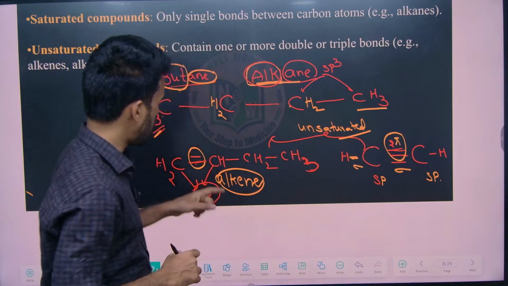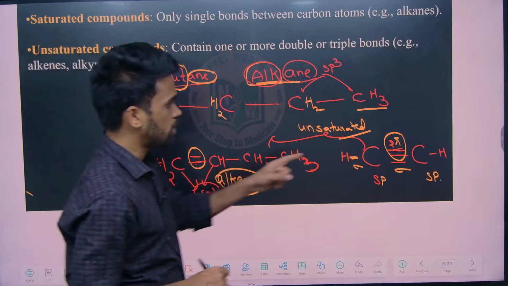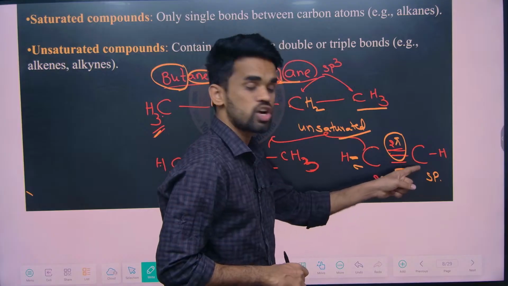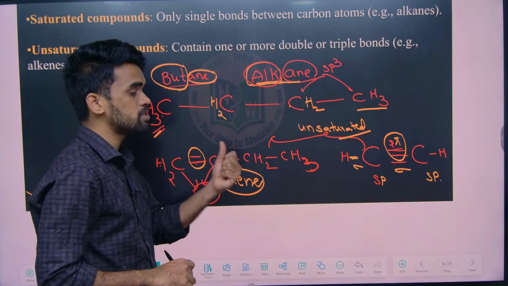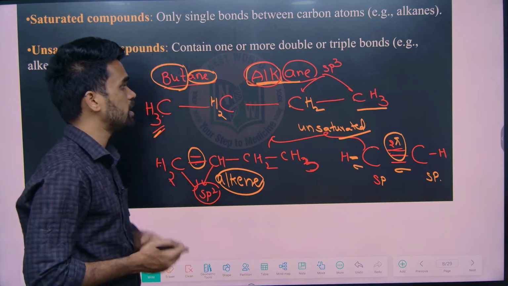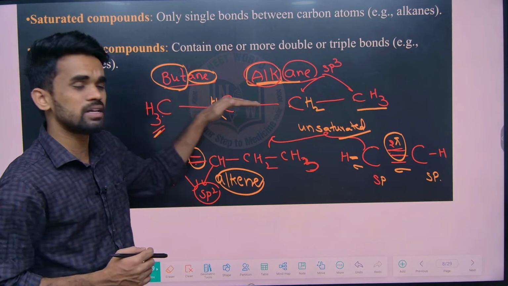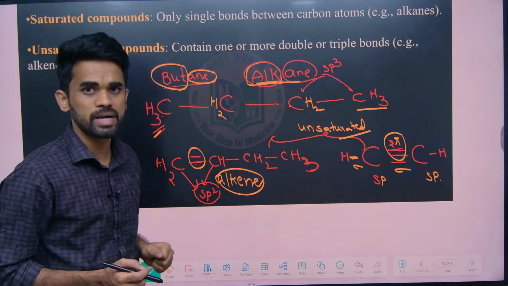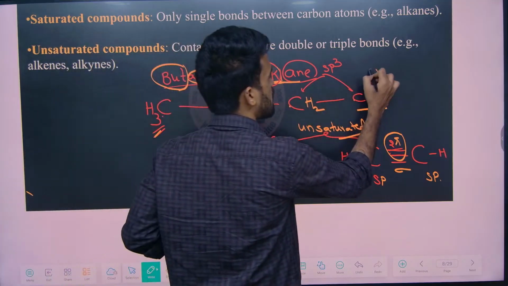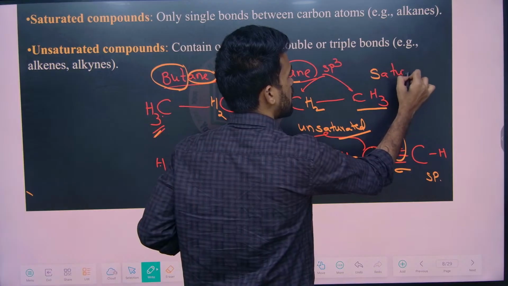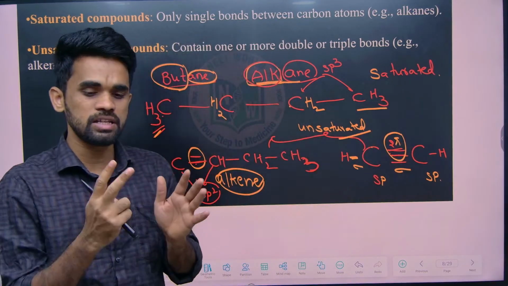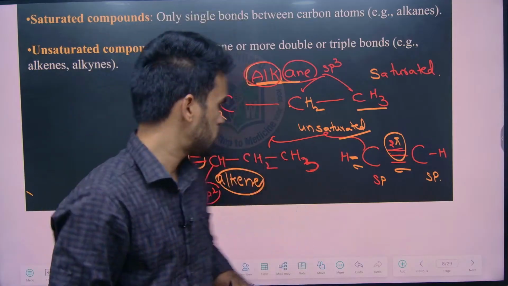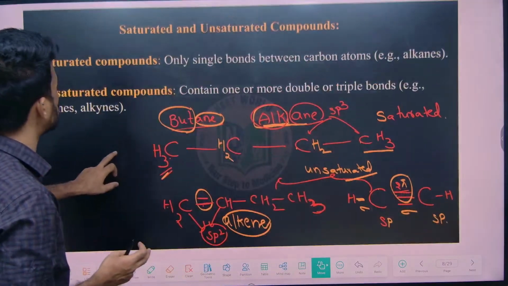They have one pi bond here and 2 pi bonds here. Each carbon is sp hybridized here, and sp2 hybridized there, so you can say them as unsaturated compounds. If there are no pi bonds and all carbons are sp3 hybridized, you can call these saturated. So I told you two names now, saturated and unsaturated. Just read these lines once.